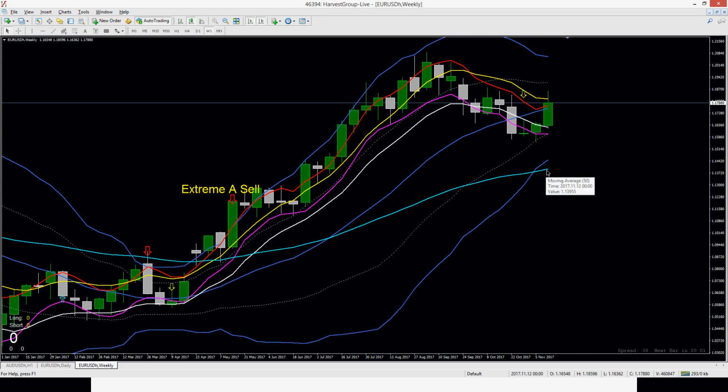So whenever the MA50 is outside the Bollinger Band, there are two possible things that might happen. So if this is a sell setup, then obviously the price will go towards MA50 to put it back inside the Bollinger Band. Okay, but let's just analyze the market for the weekly first.